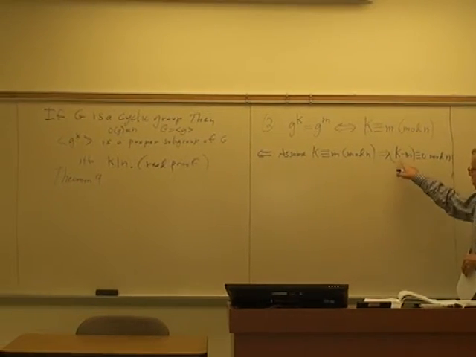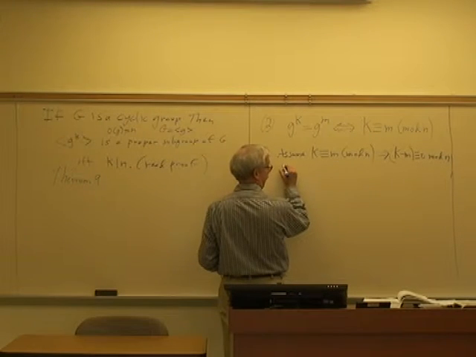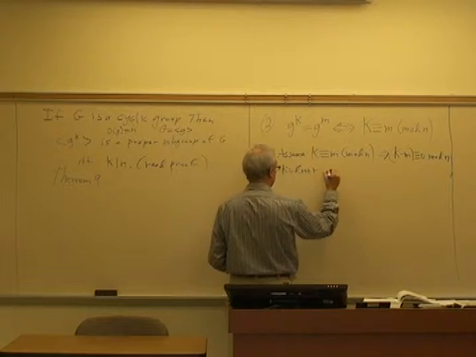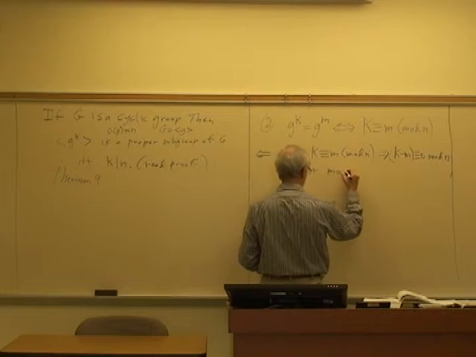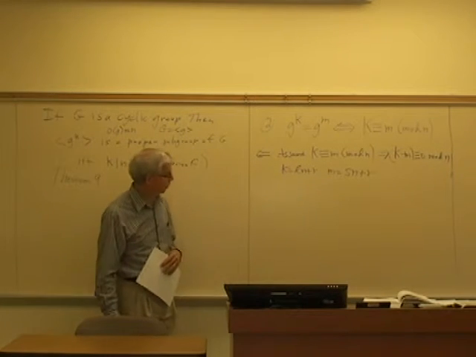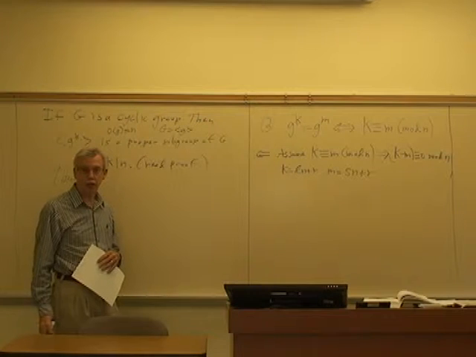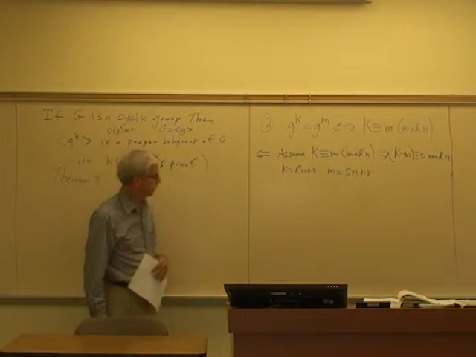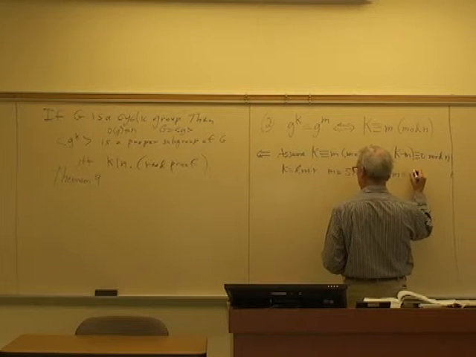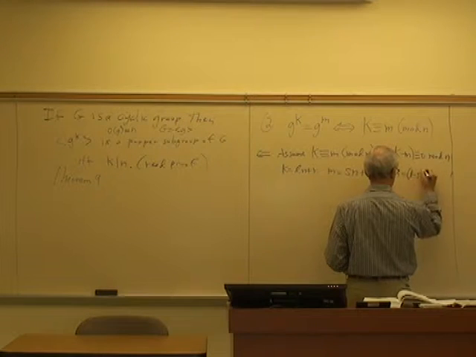Think about it, if they have the same remainder, let's just write that up as a little sidestep. If k is equal to Ln plus r and m is equal to Sn plus the same remainder, then what do I get when I subtract them? The r's cancel out and I get a multiple of n, so then, little number theory proof, k minus m is equal to L minus S times n.